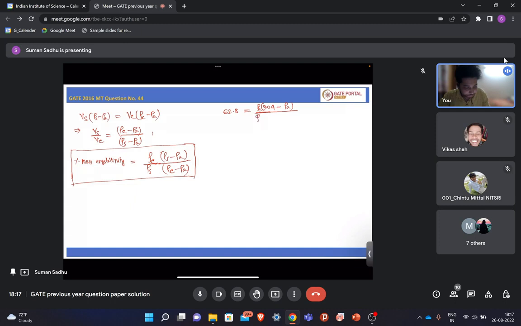We have to find out the value of rho A, right? So this is equation 1.